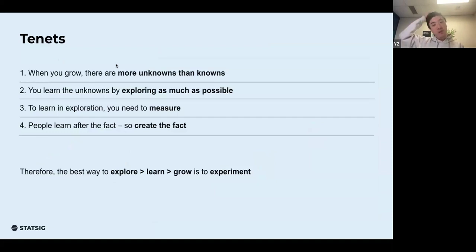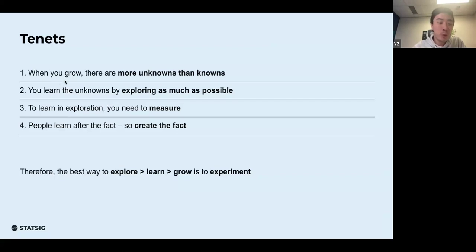So, some tenets of doing experimentation, and I think this is the fundamental principle of why experiment is the best way to develop product. These are four simple things that I summarize as true axioms in product development.